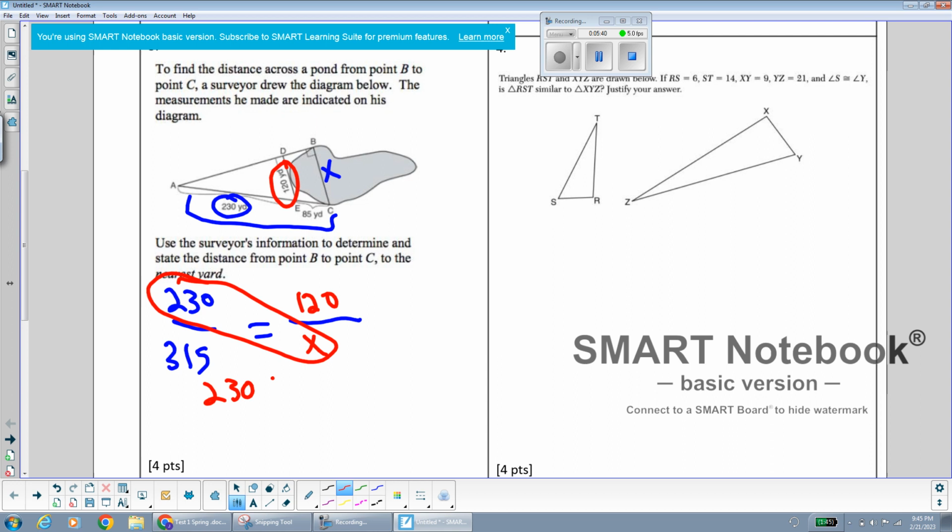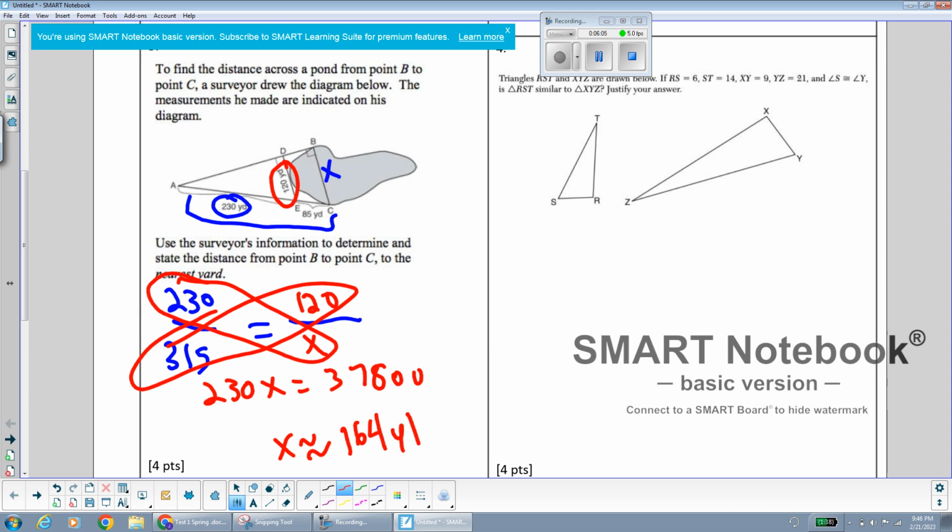So we have 230x is equal to 315 times 120. When I multiply these, I got 37800. And then I'm just going to divide by 230. And it says to round to the nearest yard. That's the nearest whole number. So that's about 164 yards. I got on my calculator 164.347. So that's approximately 164 yards.